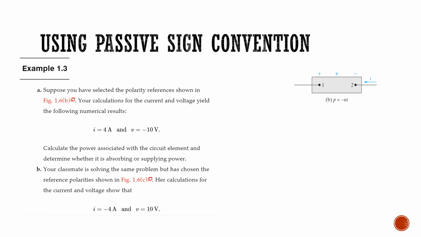We use the passive sign convention when applying the equation for power. In this example, we covered it a little bit in the last lecture, but our current has a value of 4 amps when this polarity was selected and minus 10 volts.